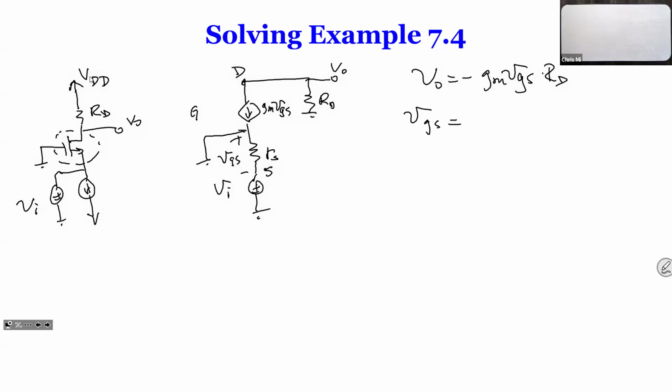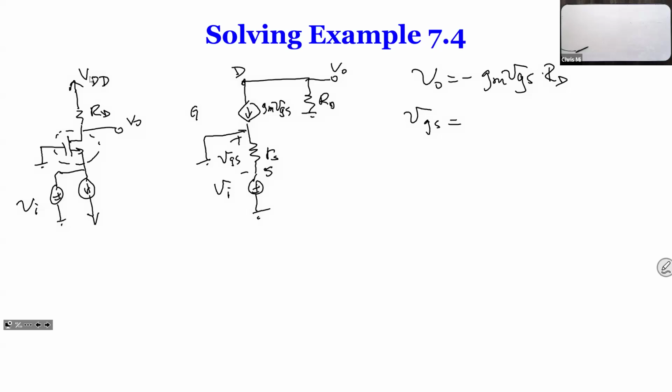So if you look at VGS, right at this point is your negative point, VGS. But from here to here, there are two grounds. So basically, this is a little loop. From the middle point to ground, that's VI, and from the middle point to ground, that's negative VGS.